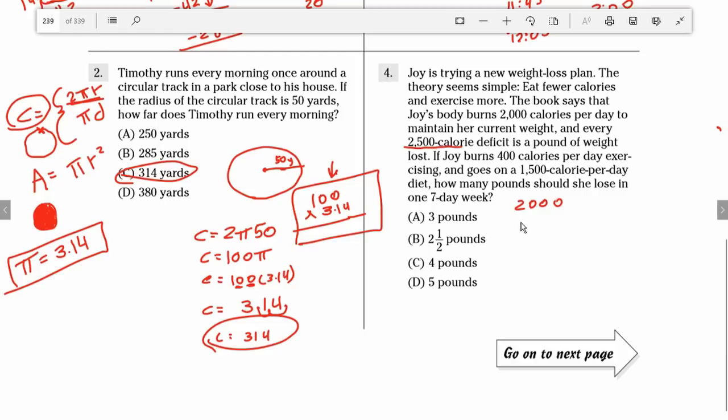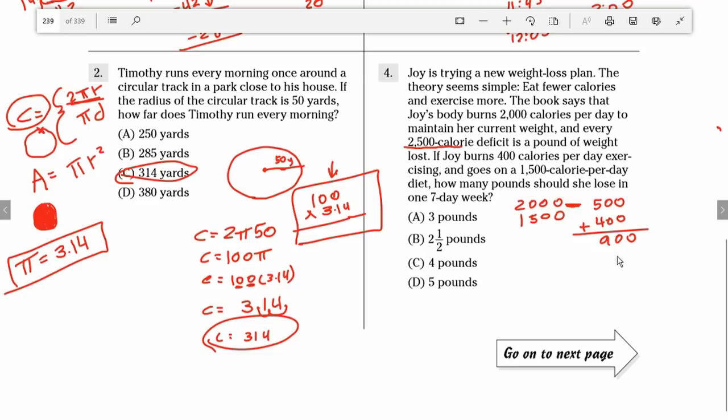We're told that she went on a 1,500 calorie diet. So in other words, every day, just by dieting, she's incurring a deficit of 500 calories. And we're also told that she's burning 400 additional calories by exercising. So we know each day she's incurring a 900 calorie deficit.